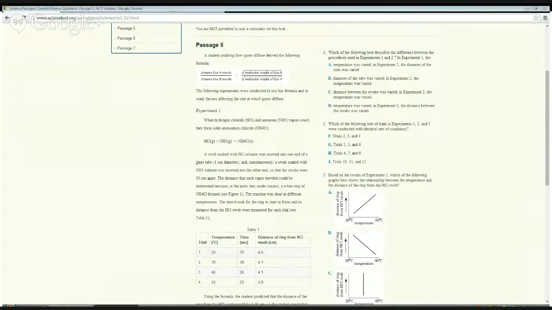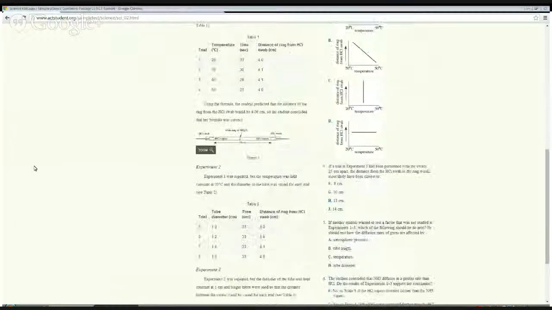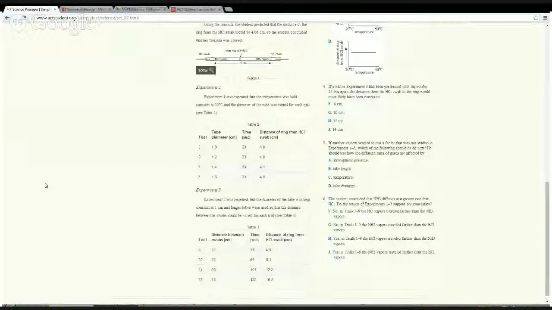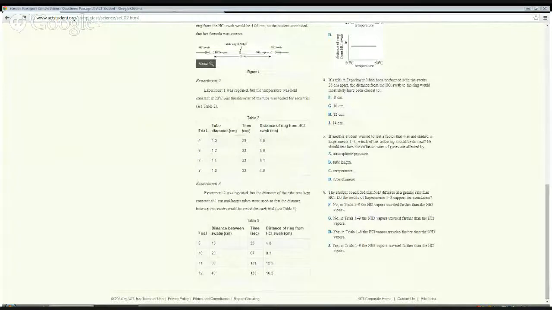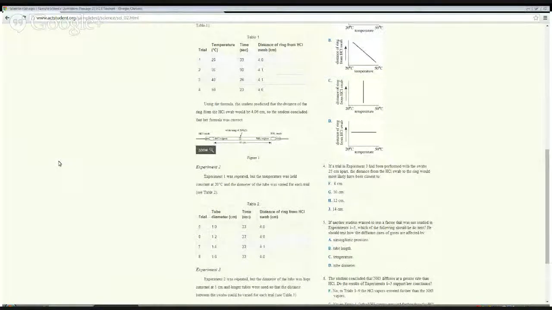And our answer there is G, trials 1, 5, and 9. So the first one has the same conditions in each one. Trial 1, we'll look down here, trial 5, and then right down here, trial 9. Same time, same distance, trials 1, 5, and 9.